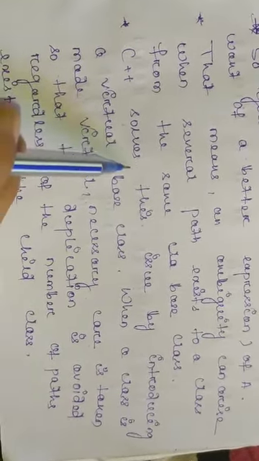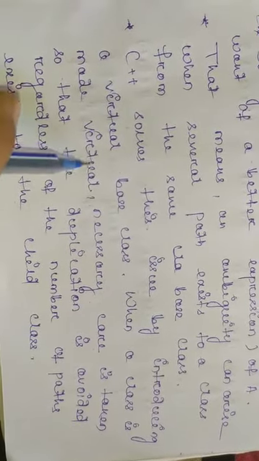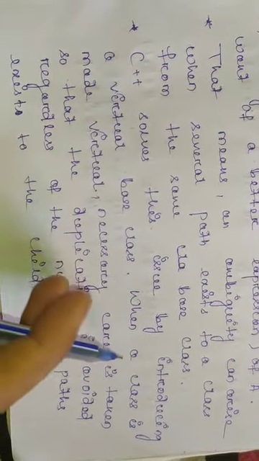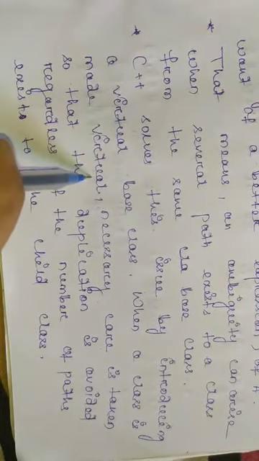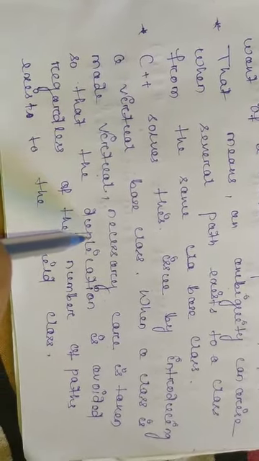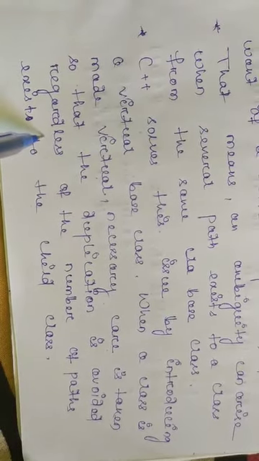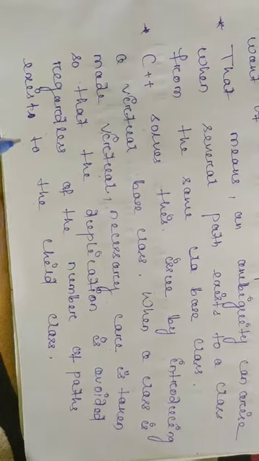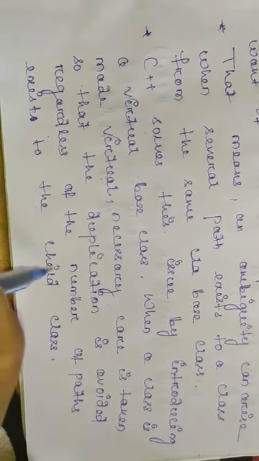So C++ solves this issue by introducing the virtual base class concept. When a class is made virtual, necessary care is taken so that duplication is avoided regardless of the number of paths that exist to the child class.